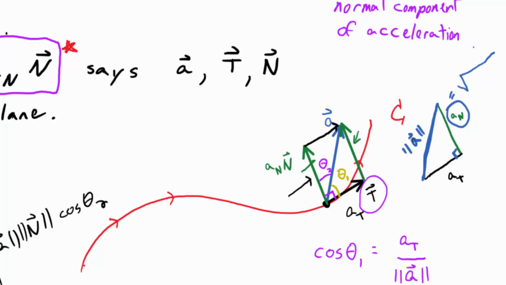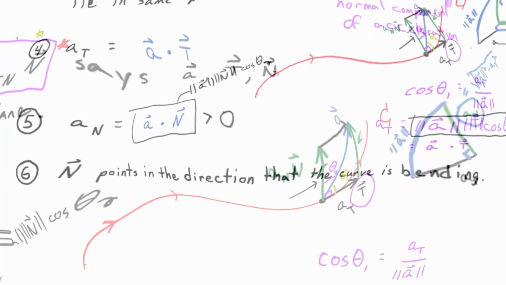But if you solve it for a sub n, won't you get the square root of the magnitude of a squared, and then minus a sub t squared? Yeah? Pythagorean theorem? Everybody believe that? If you don't, just write down a sub t squared plus a sub n squared equals magnitude a squared. Solve for a sub n.